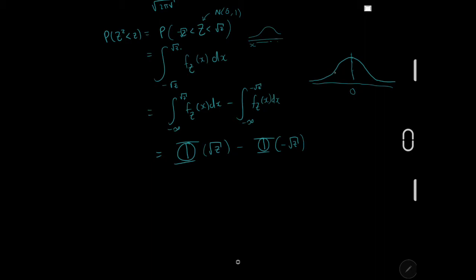So remember the CDF: let's say I'm going to call this A. The CDF F_Z of A, which is the same thing as phi of A, is telling me the probability that I am less than this particular value. Or let's call it negative A. Then this is the same thing as asking, what's the probability that I am greater than A?